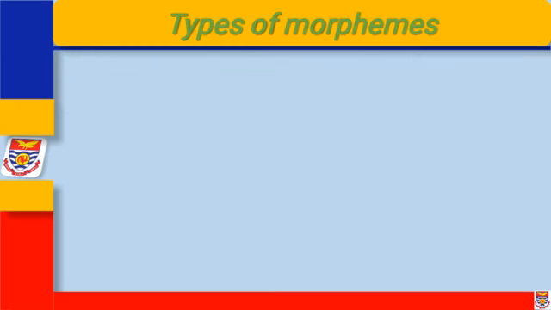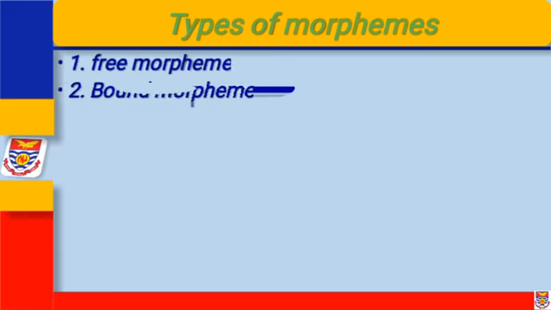Now let's talk about the types of morphemes. We have 1. Free morpheme. 2. Bound morpheme.